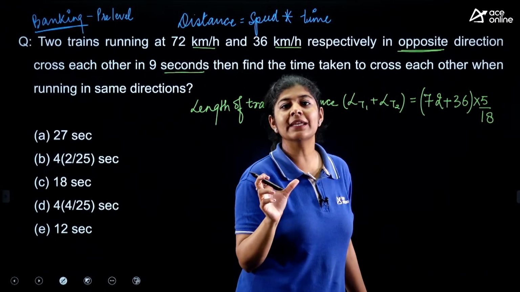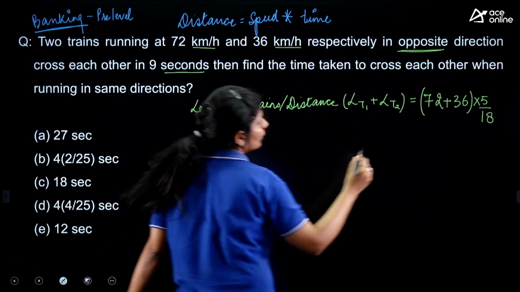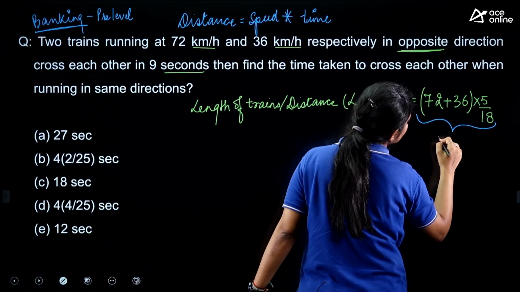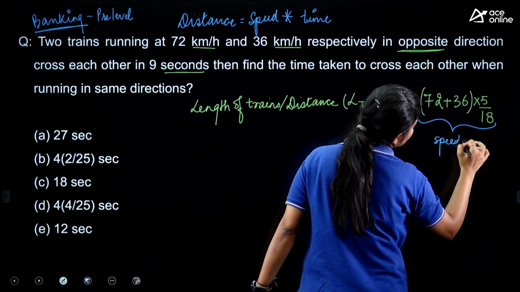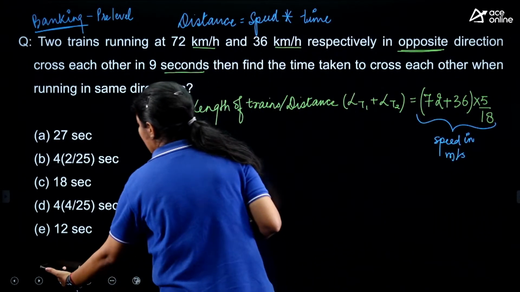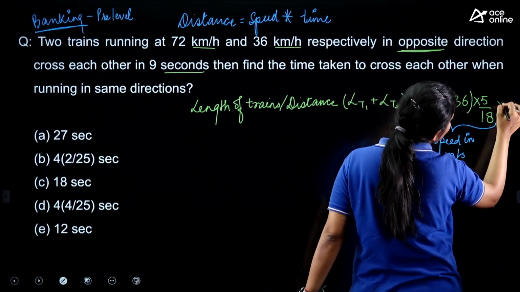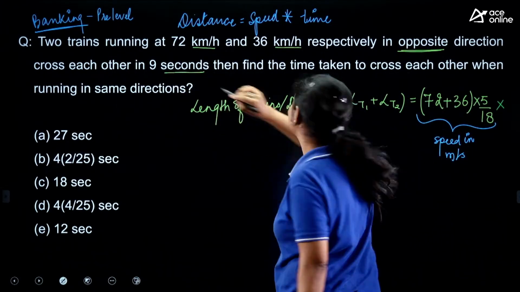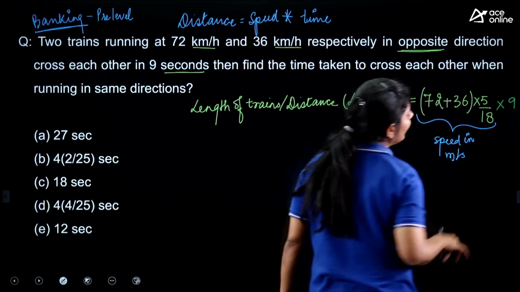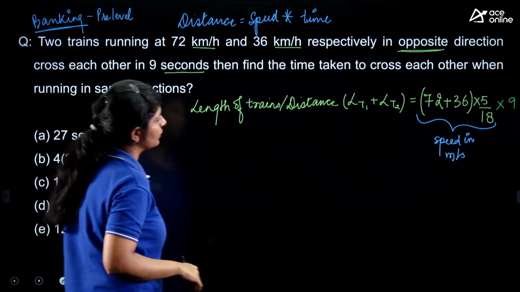This is my speed in meters per second. Now we need to multiply it with time, which is 9 seconds. Clear?